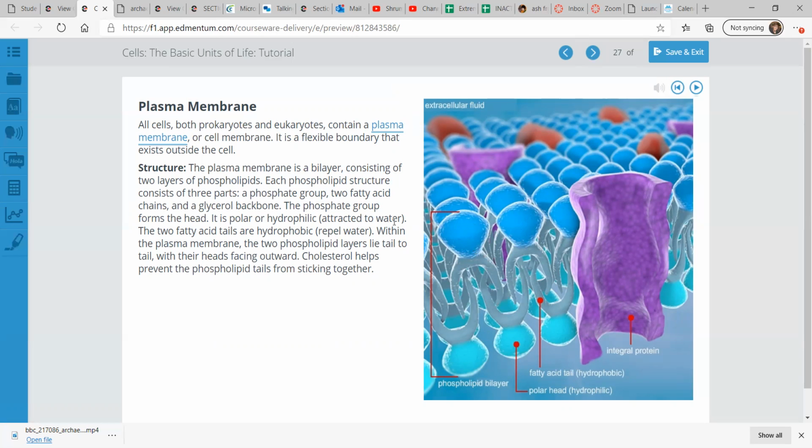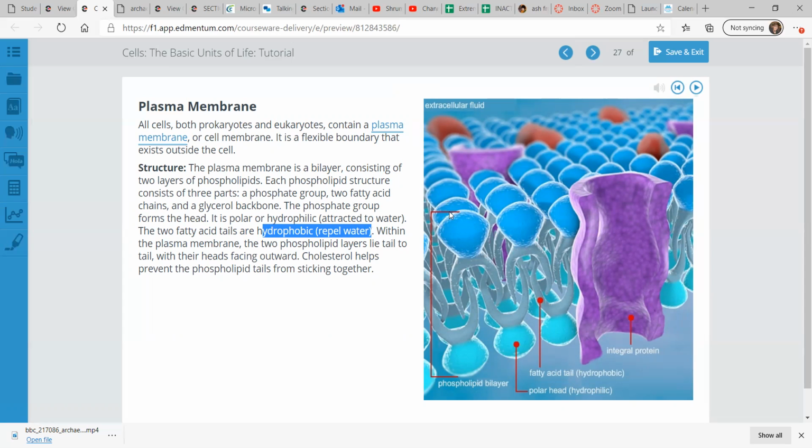So philic, that is Greek from philia, which is some type of attraction, love. That means phosphates are attracted to water. Phobia, think of phobia, phobic. The 2 fatty acids do not want to be around water.